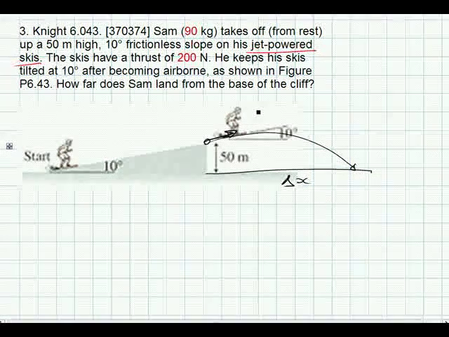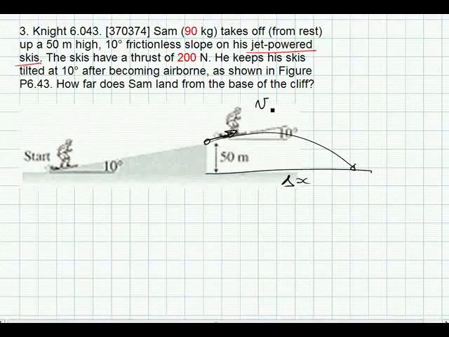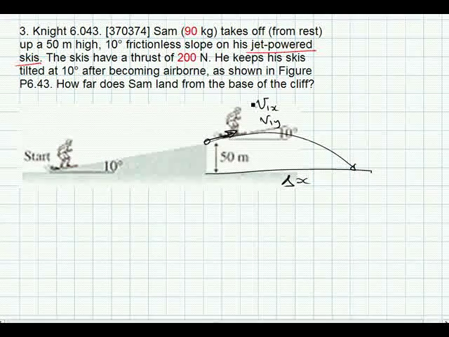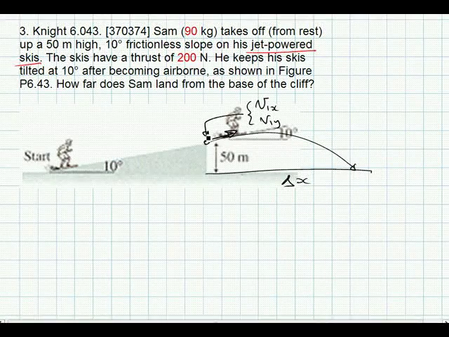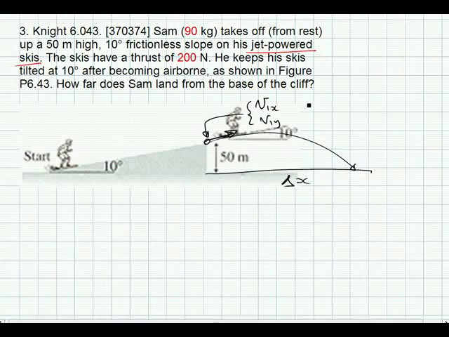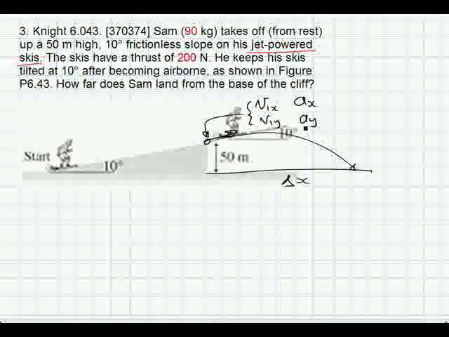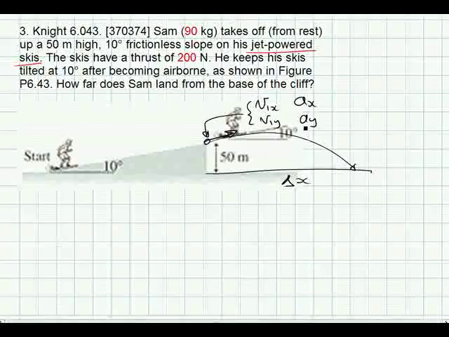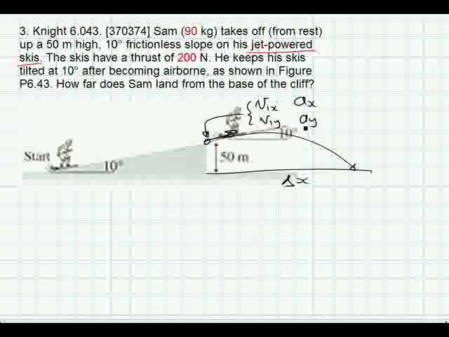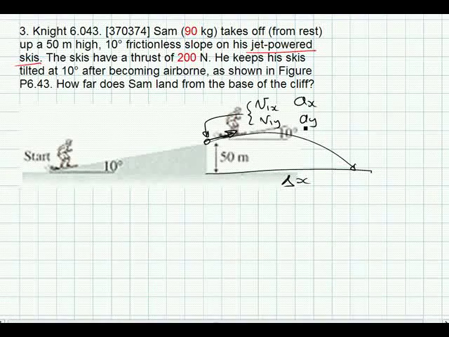So you need to figure out what his v1x and v1y are. These are the launch velocities. And we also do know that there's an acceleration in both ax and ay, in both x and y directions, because he has a thrust force from the jet-powered skis, and also there's acceleration due to gravity acting.